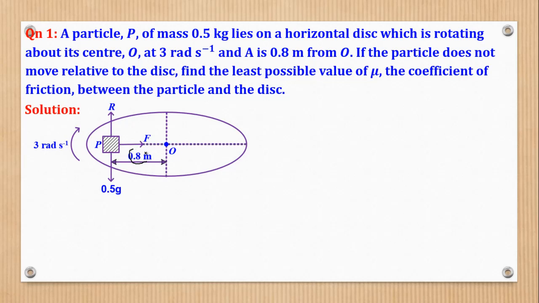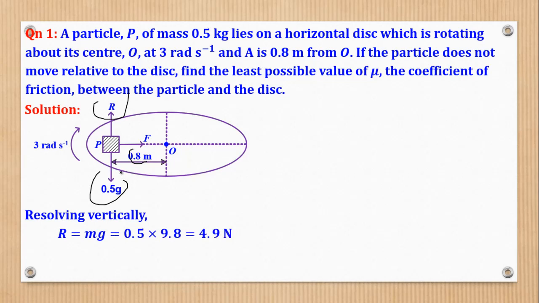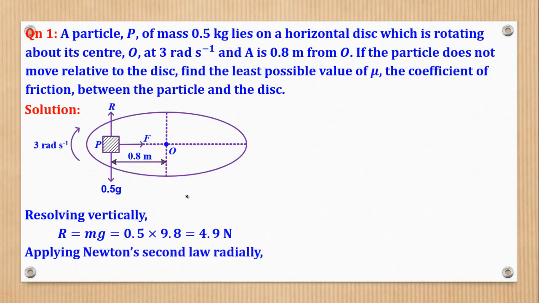Centripetal force is F. Therefore, resolving vertically, R is equal to mg, which gives you 4.9 newtons. Then resolving radially, F provides the necessary centripetal force. Then substitute for m, r, and omega squared to give you this.